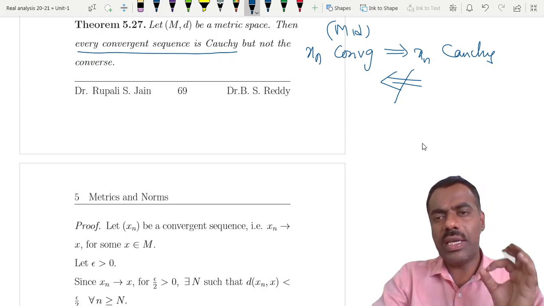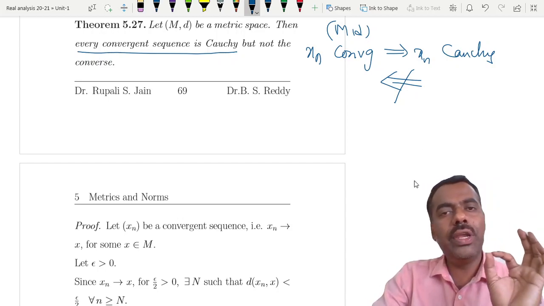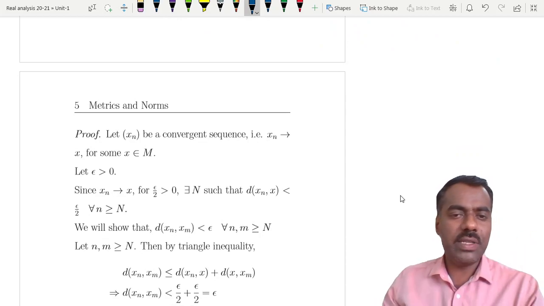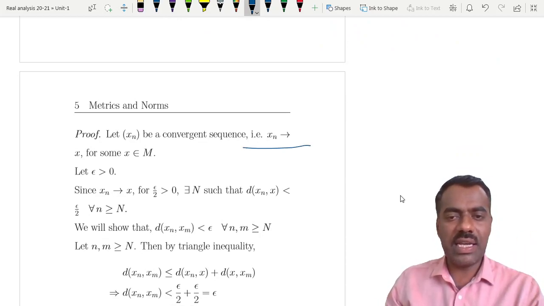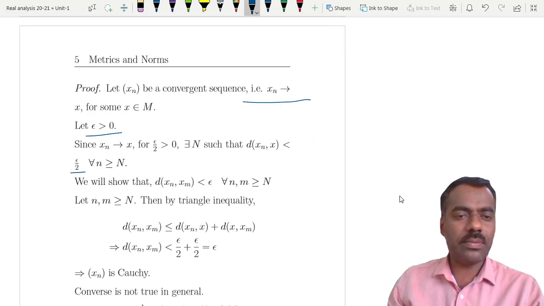Showing that x_n converges implies x_n is Cauchy is the same as how we do it in R. Because it is convergent, say x_n converges to x, then for epsilon you have a stage after which d(x_n, x) is less than epsilon by 2, right?